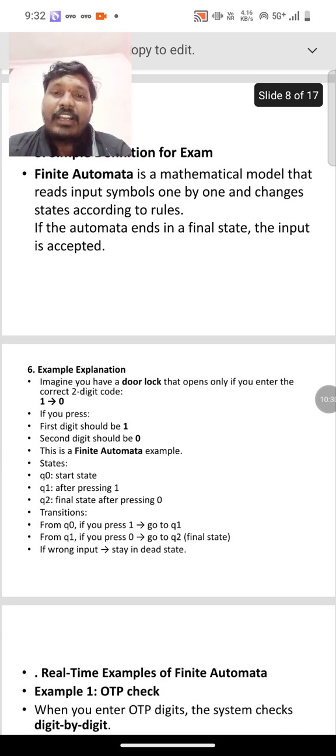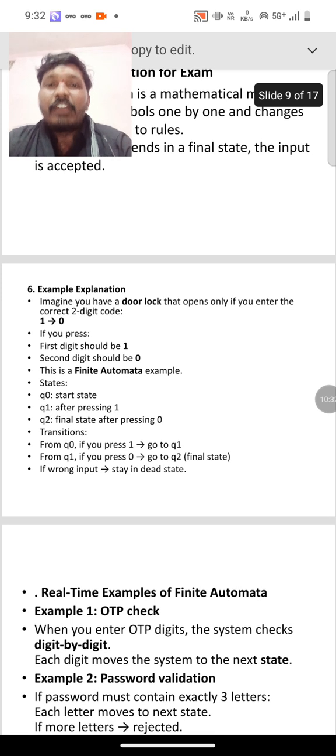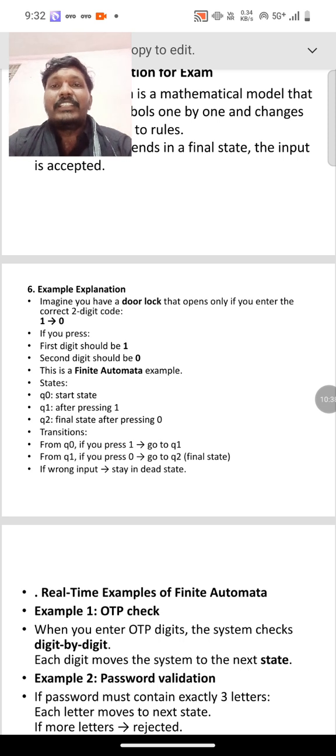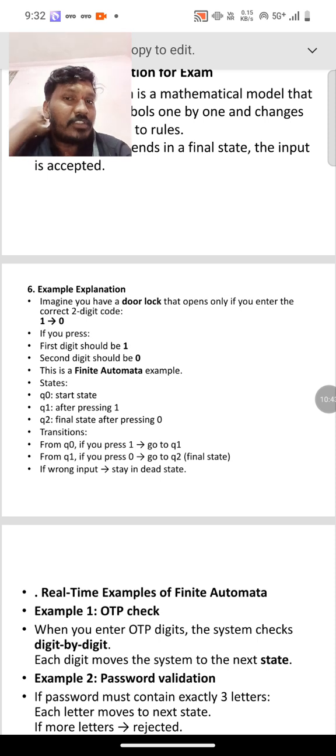In a real world example, imagine you have a door lock that opens only if you enter the correct 2-digit code, for example, 10. The first digit should be 1 and the second digit should be 0. This is a finite automata example.